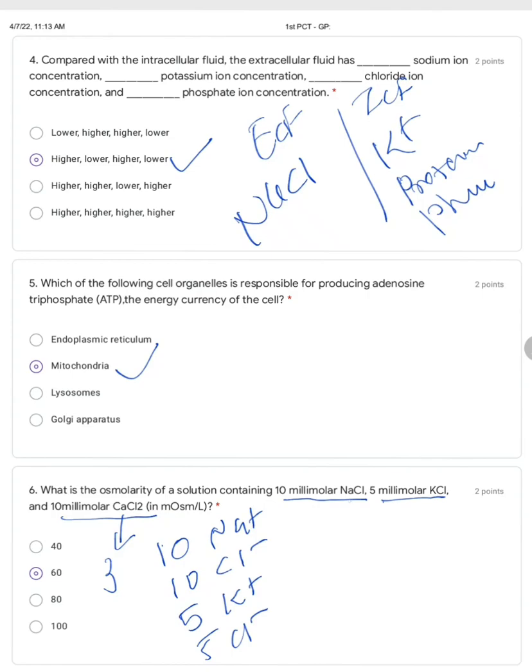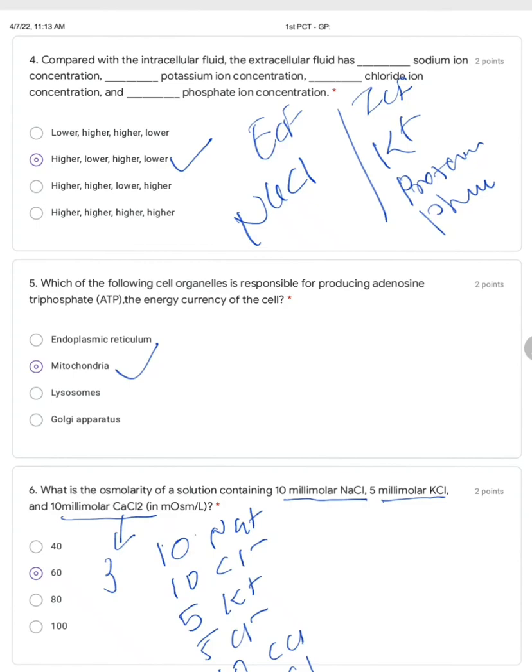For example, in the NaCl is only 2, Na plus Cl. Okay. So in case of the CaCl2, there are 3 osmotically active ions. So that's why 10 for the Ca, 10 for the chloride, and again one more 10 for the chloride.